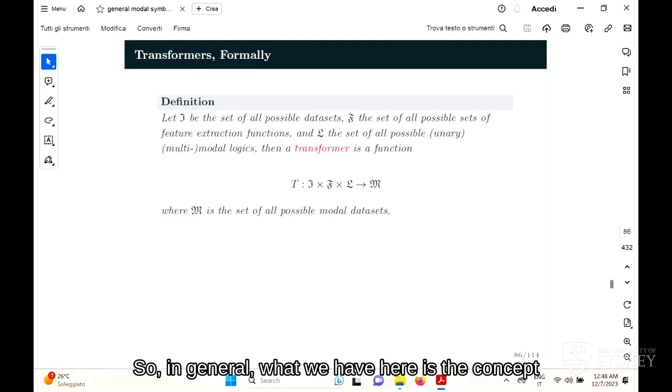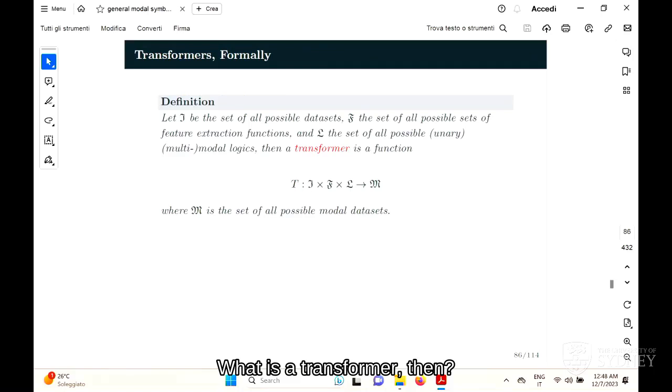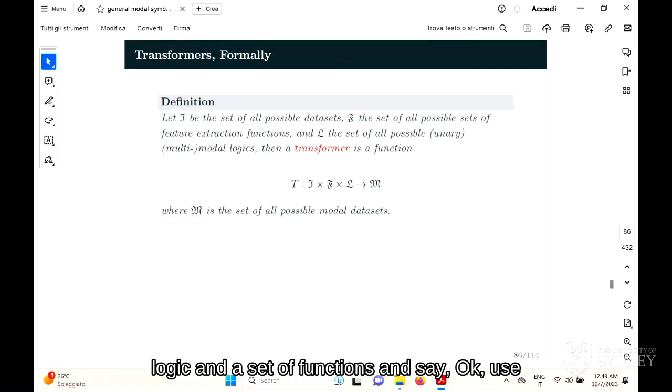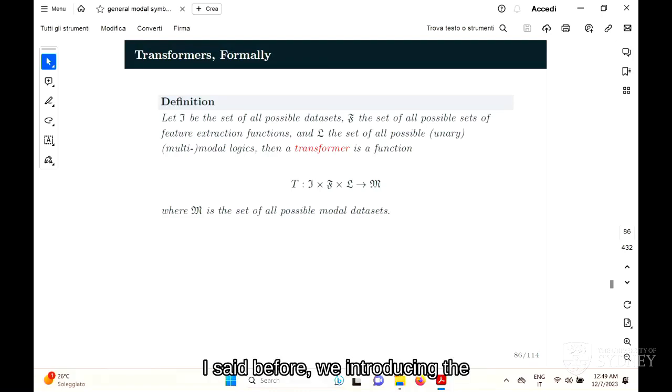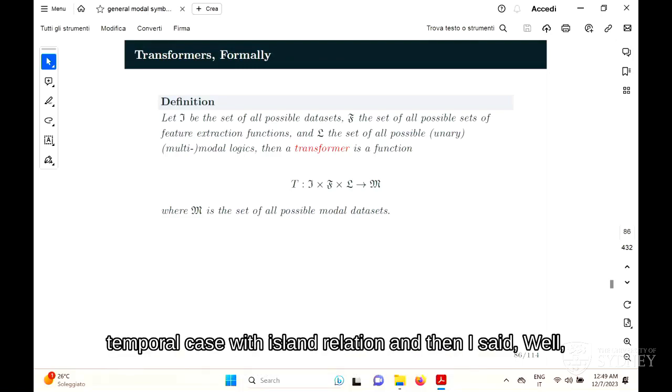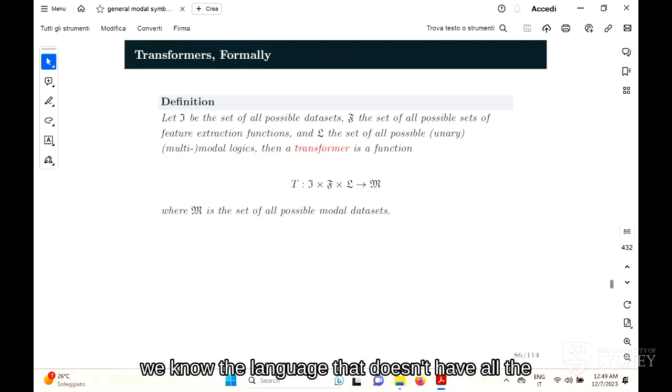So in general, what we have here is the concept of a transformer. What is a transformer? It's a function that takes a model data set, a logic, and a set of functions, and says, okay, use these particular relationships. I said before, we introduced the temporal case with Allen relations, and then I said, well, we can use a language that doesn't have all the Allen relations.